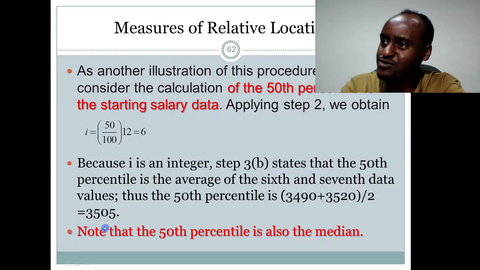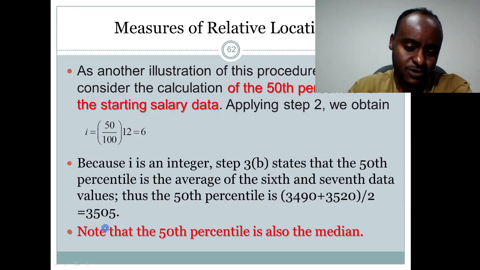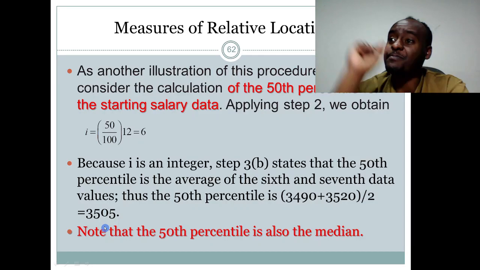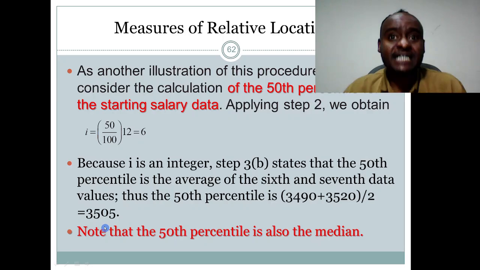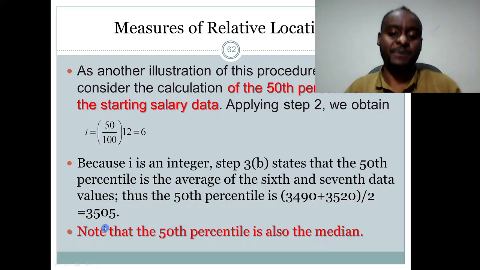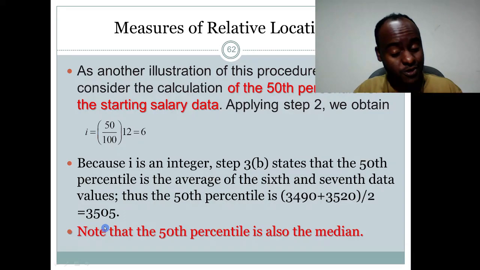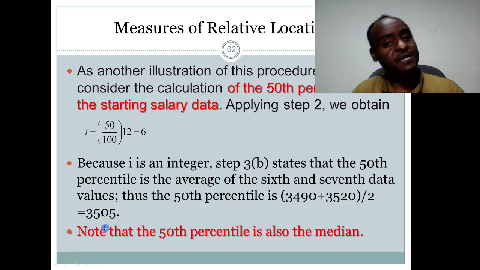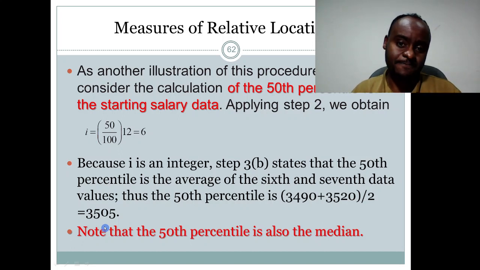This is the median, the middle value. Note that the 50th percentile is also the median. The median is the data value that divides the data set into two equal parts.